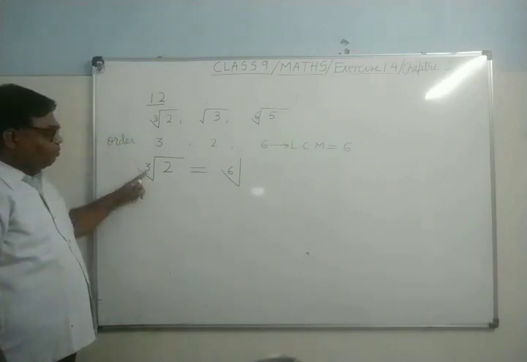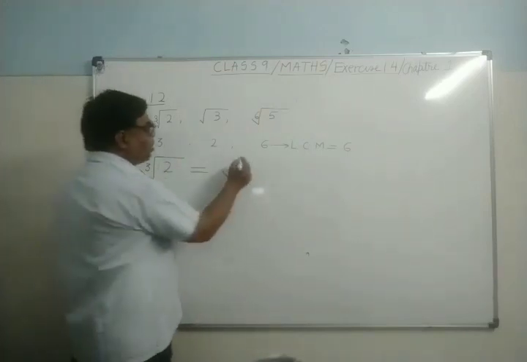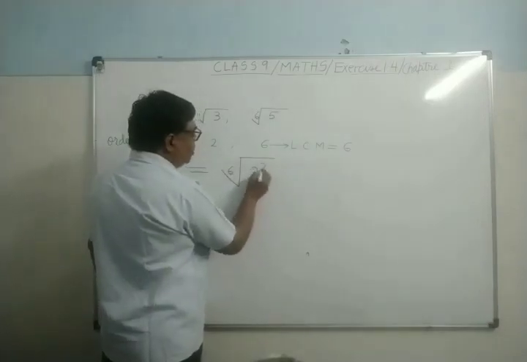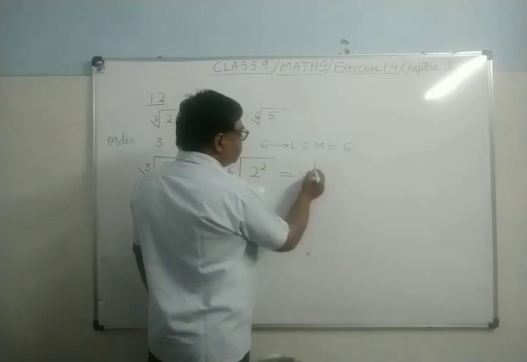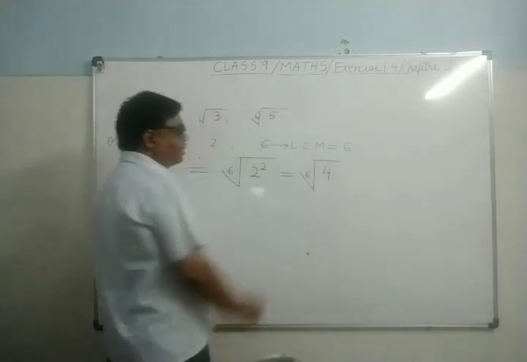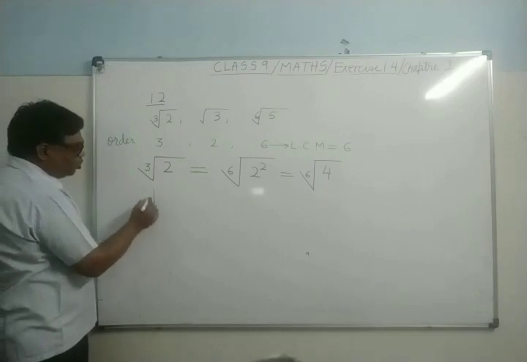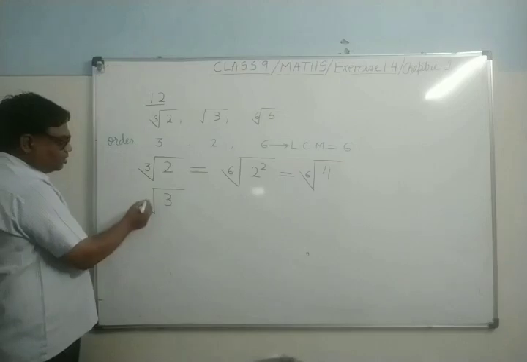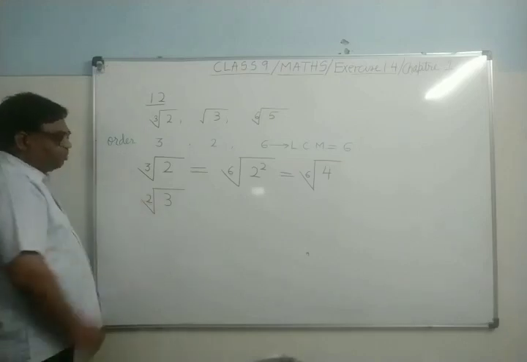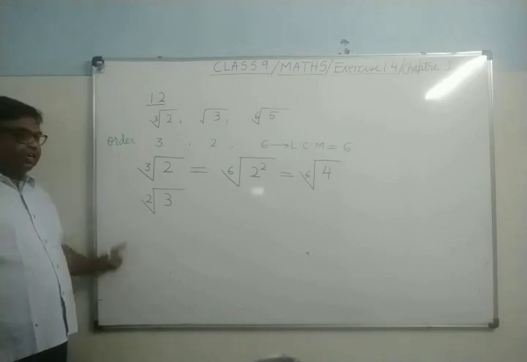And when you multiply by 2, what will happen? Here you will raise how much power? Power 2. So it will be 6th root of 4. Is it clear? Then square root 3. Here there is no number, which means this will be 2. The order of a square root is not written; it is understood.